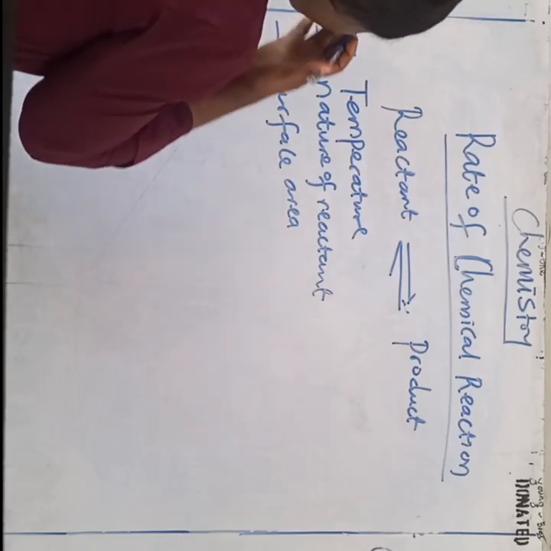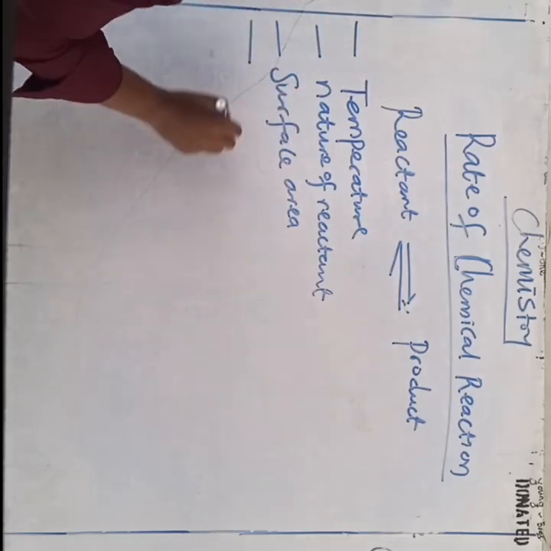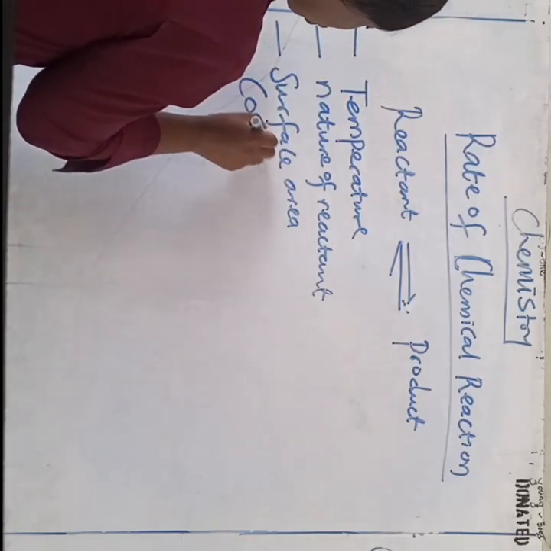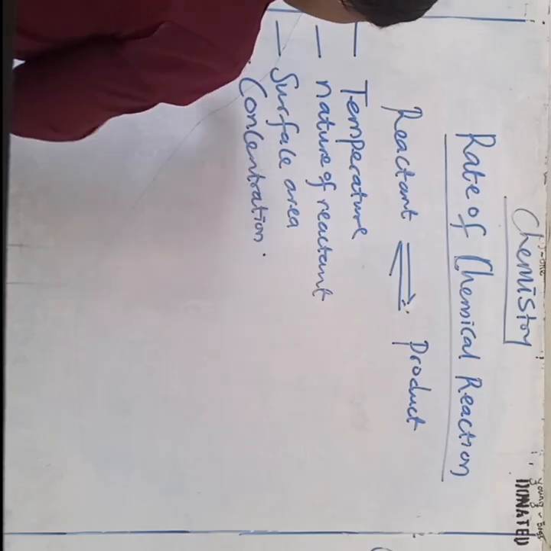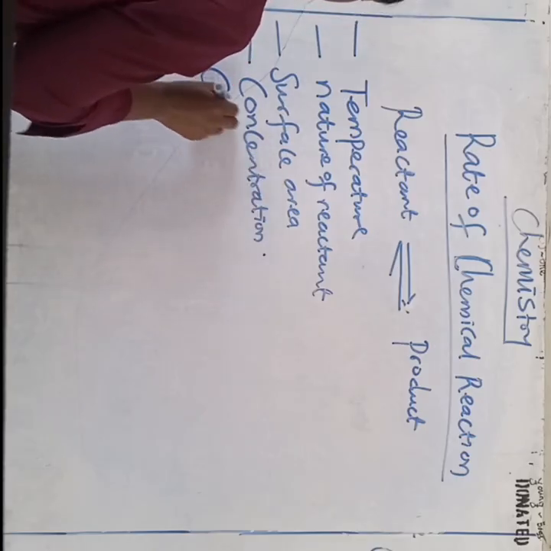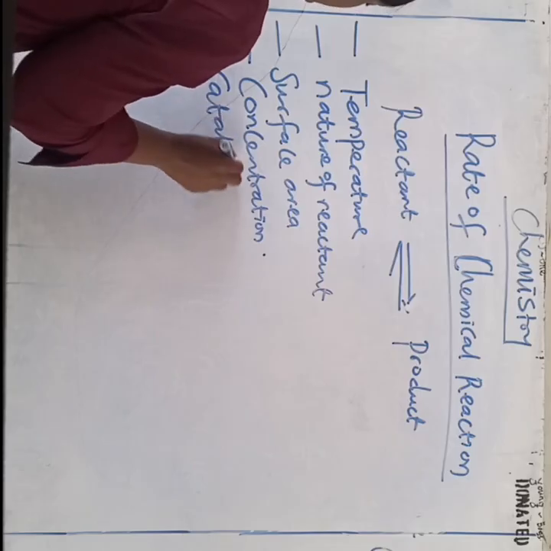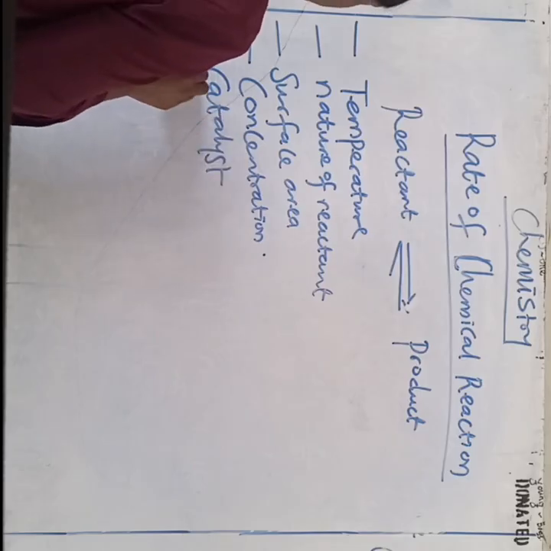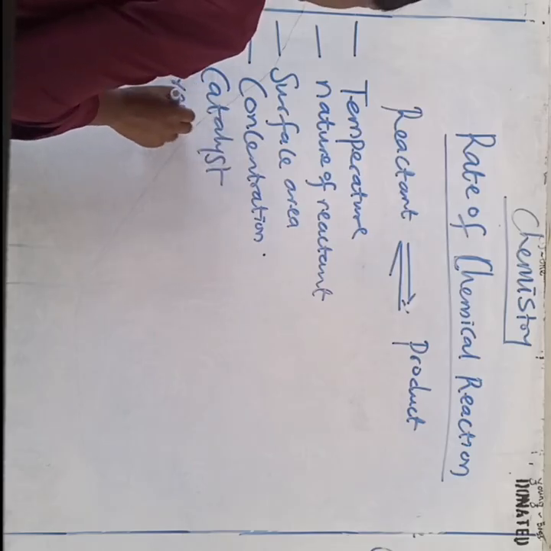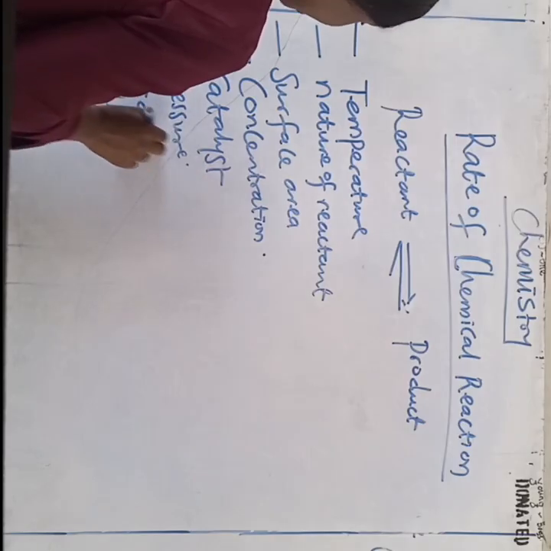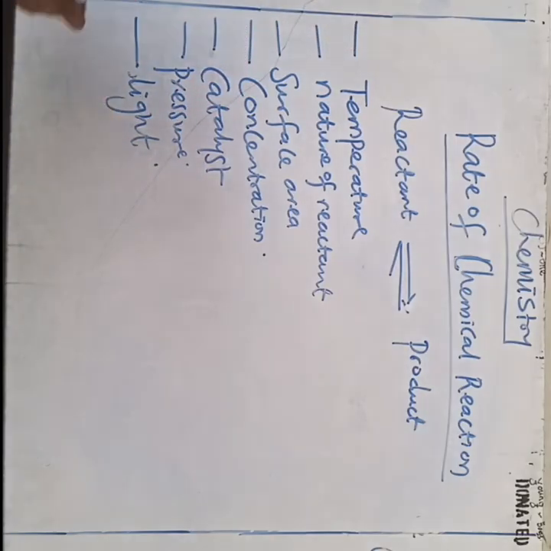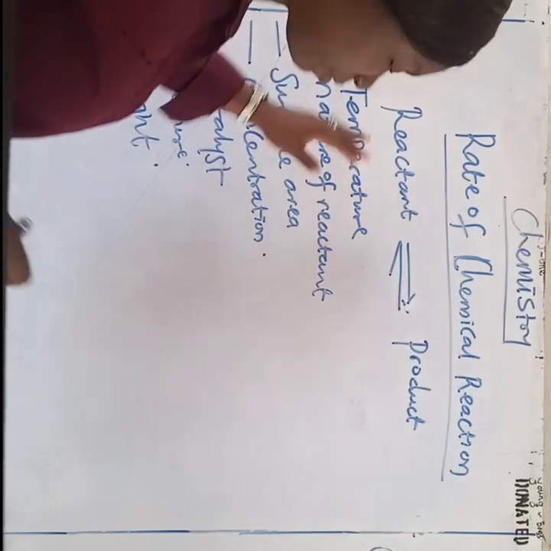We have the concentration. We have catalysts. We have pressure for gases. Then we have light, effect of light. So we are going to take these factors one after the other.